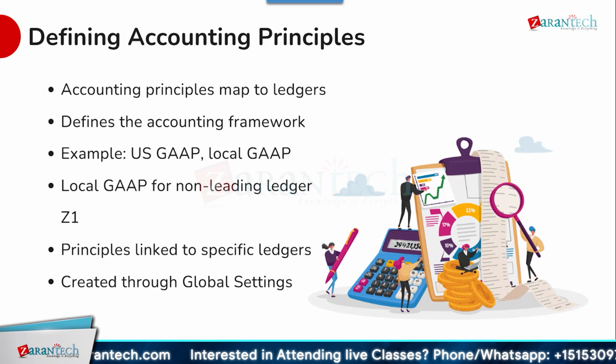Take the example of a company using a non-leading ledger, like Z1. Here, the accounting principle for these ledgers is based on local GAAP, tailored to meet their specific requirements. Now, these principles aren't random, as they are intricately linked to specific ledgers.